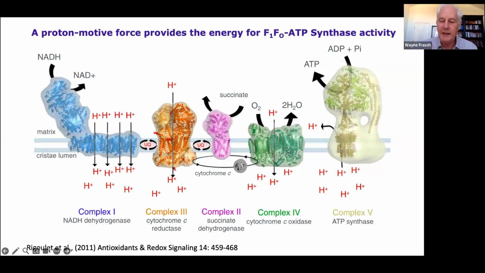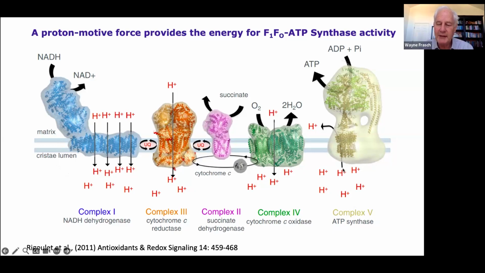I bring this up because cytochrome C not only works as an important shuttle here for electrons, but it also is a trigger of apoptosis, programmed cell death, that says, hey, this cell is done, it's done its work, and it's time for it to go. So in the meantime, all these protons are accumulating on one side of the membrane. In addition, you're having a difference in charge across the membrane that ends up being a membrane potential.